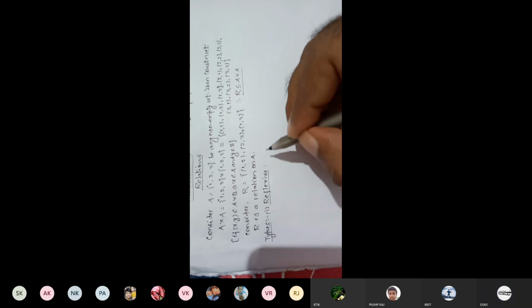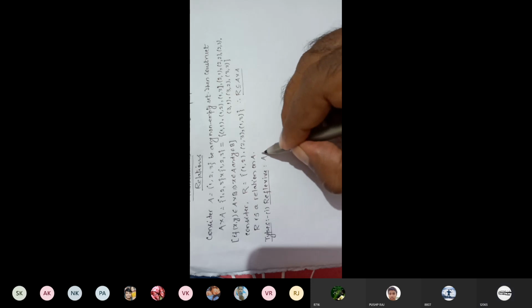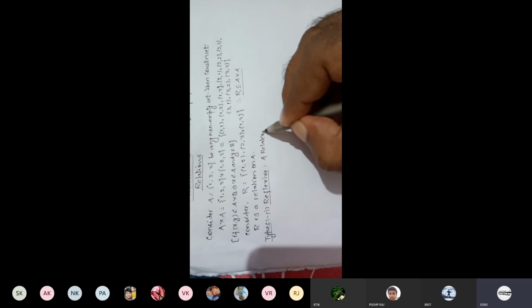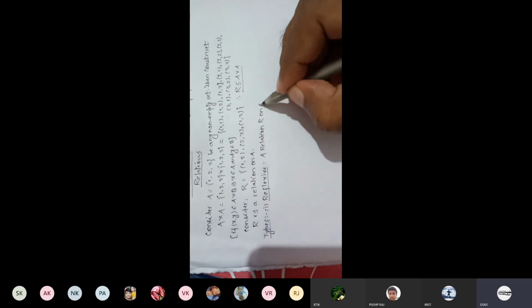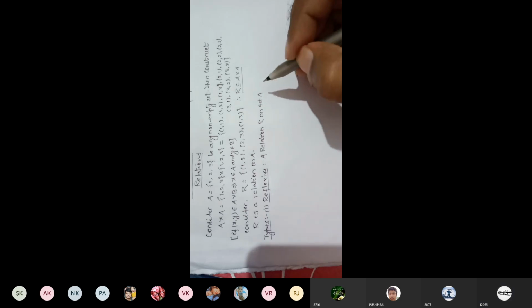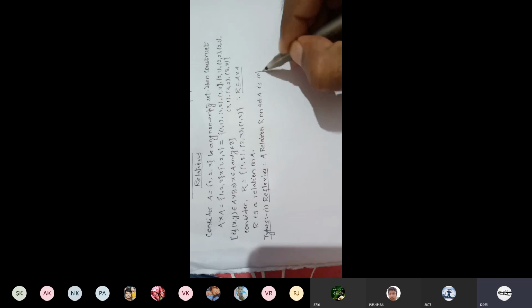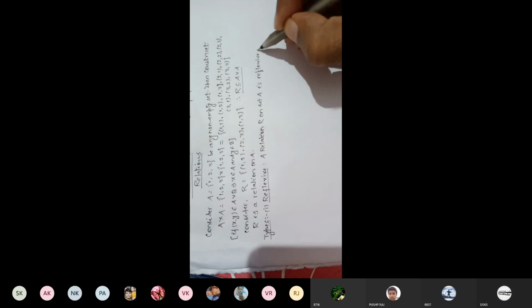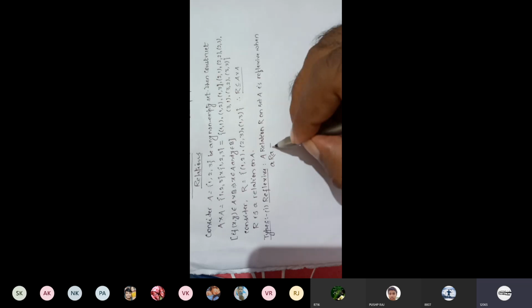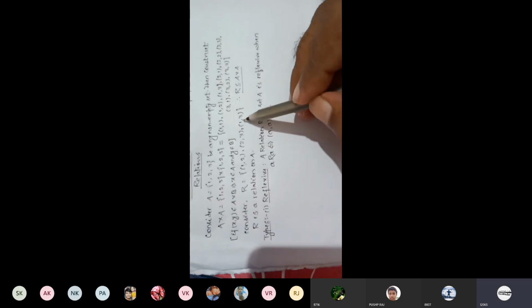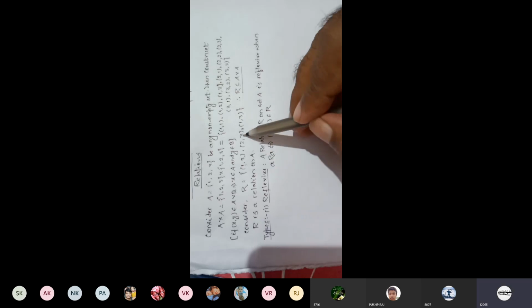A relation R on set A is called reflexive when A is related to A. It means A belongs to R. Here, instead of 1, 2, 2, 3, 1, 3, if we take 1, 1, 2, 2, 3, 3, meaning identical elements that belong to R, which is a subset of A cross A, then that relation is called a reflexive relation.